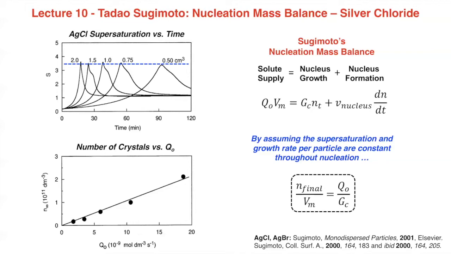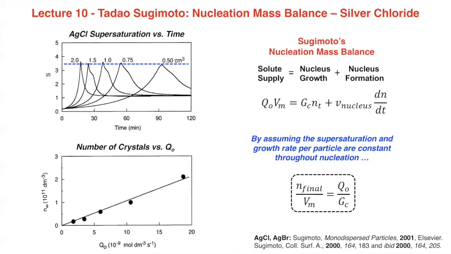Normally, growth is concentration dependent, but during the nucleation phase, although it is concentration dependent, the concentration is fixed because of this very steep turn-on phenomenon. And so that makes this growth rate a constant, and it makes it possible to solve this equation fairly simply and arrive at this relationship where the number of crystallites that are formed during the nucleation phase is proportional to the supply rate, or inversely proportional to the growth rate.